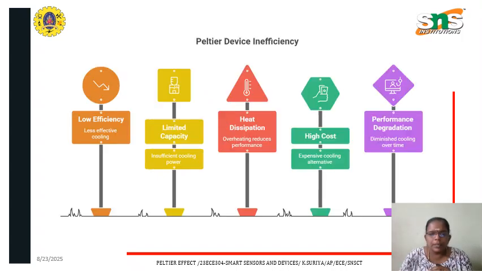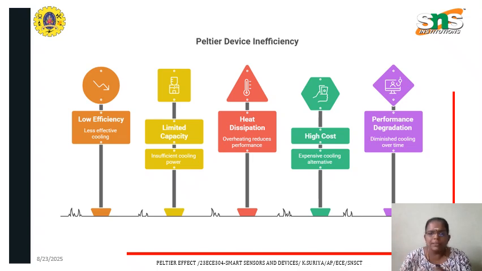Next, let us see some of the limitations of Peltier devices. Despite the advantages, Peltier devices also have some limitations. They typically have a lower efficiency compared to the traditional cooling and heating methods, especially at large temperature differences.